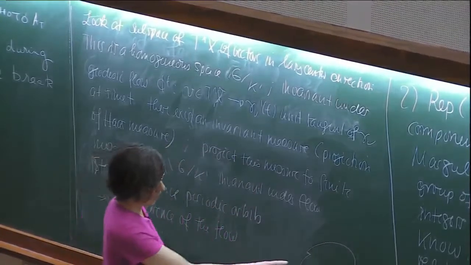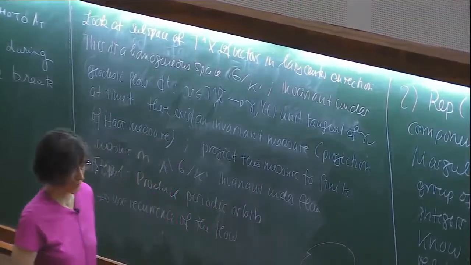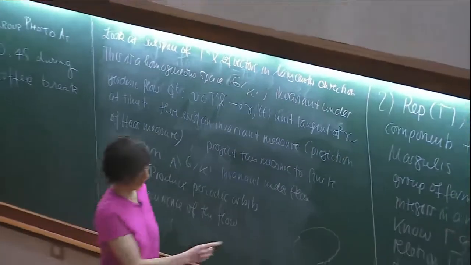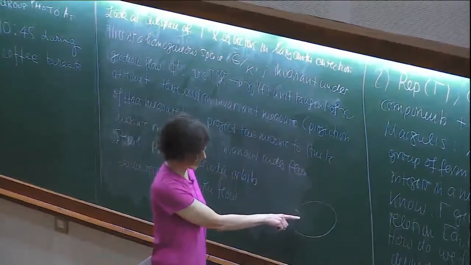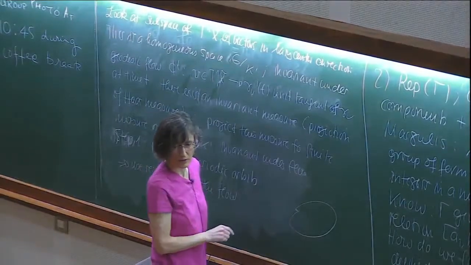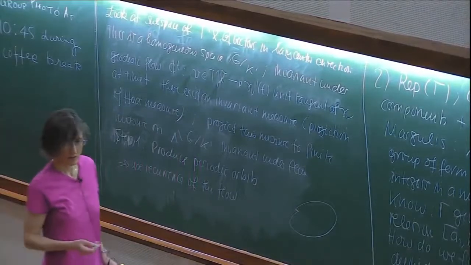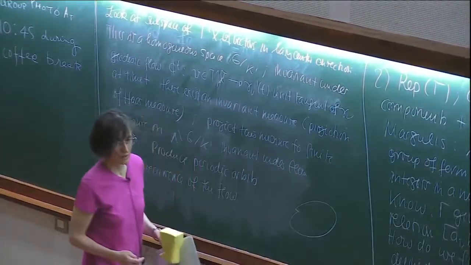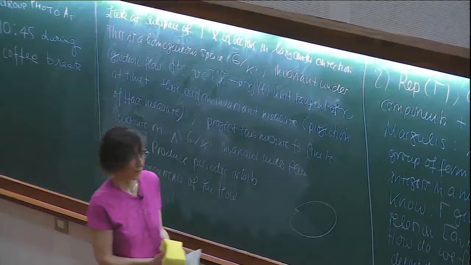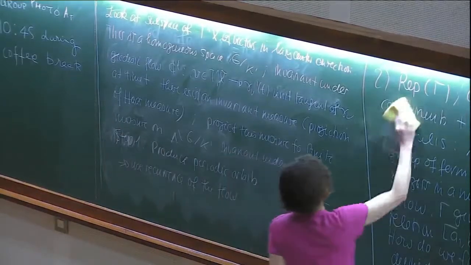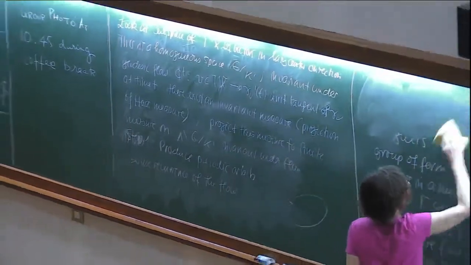What you want to show is that closing up is always possible. This is a very elementary operation. What you want to show is that you have a periodic orbit nearby. In the rank 1 case, it's very easy, but in the higher rank case, you have to be slightly careful. But it's not all that hard.